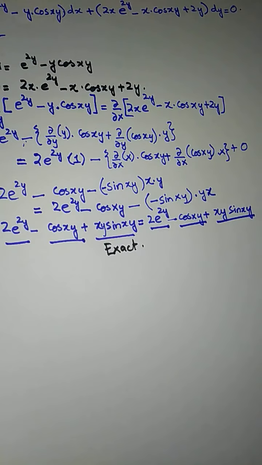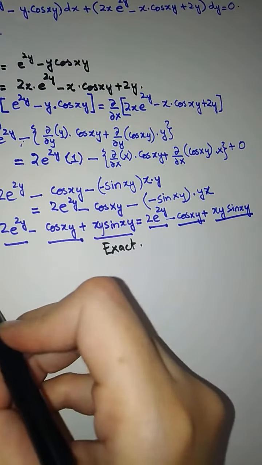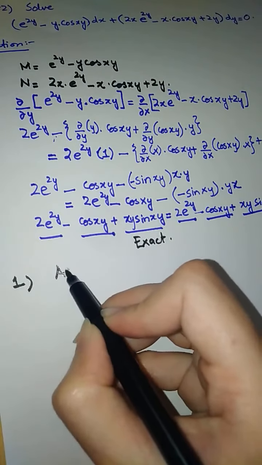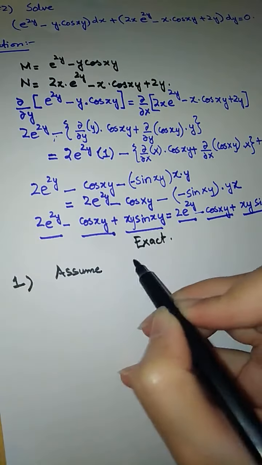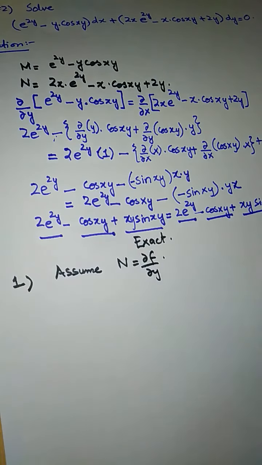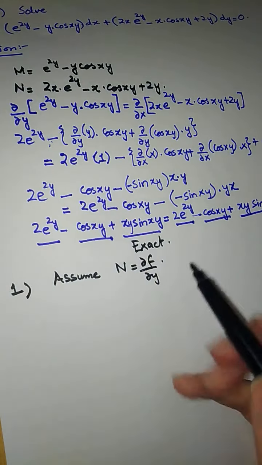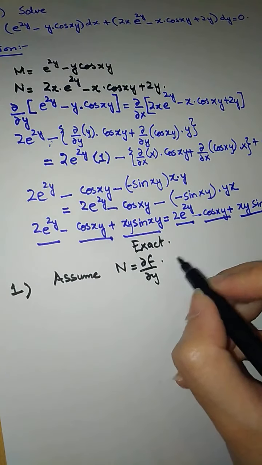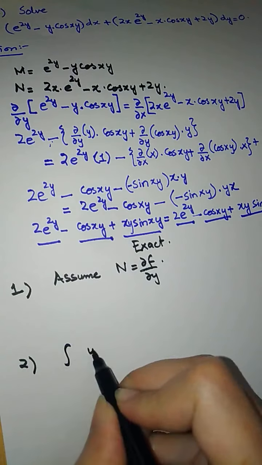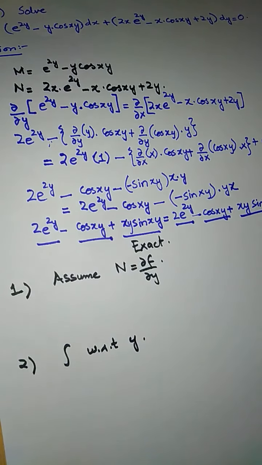So in the alternative method, we have to start by assuming N equals partial f by partial y, and then integrating this equation with respect to y.